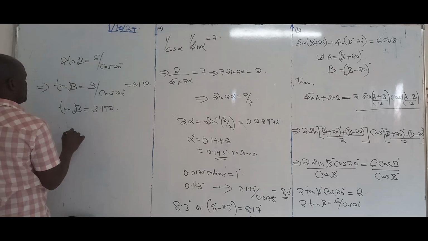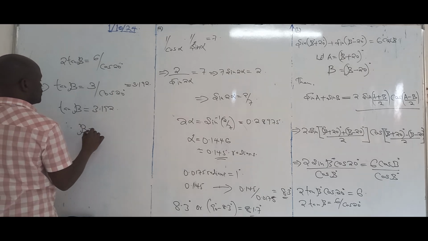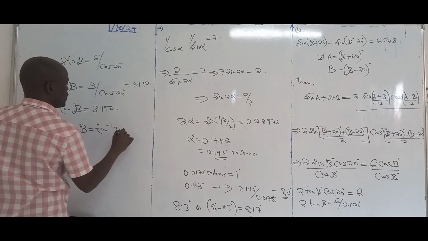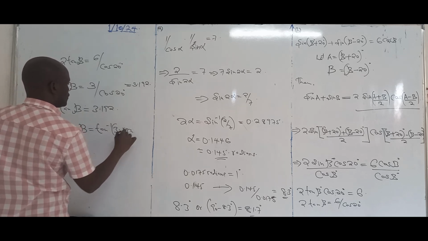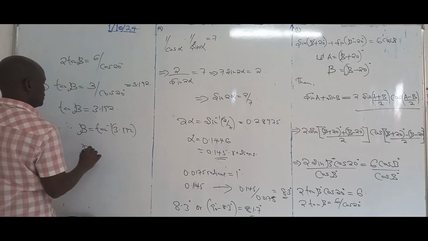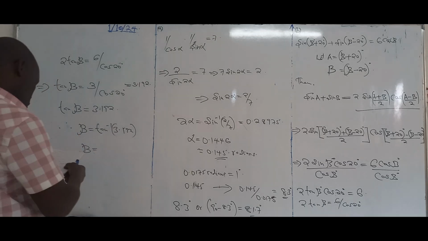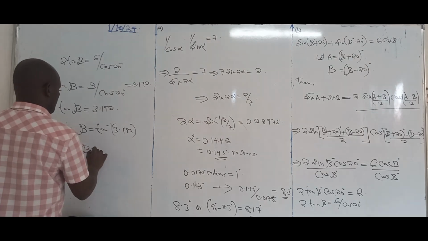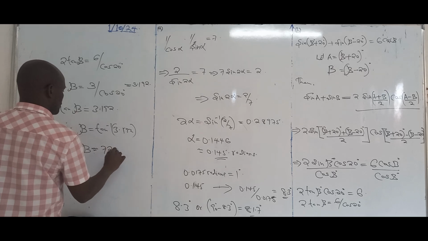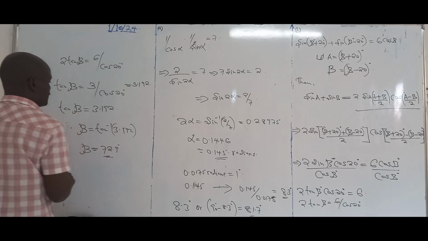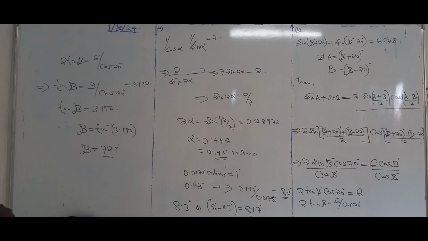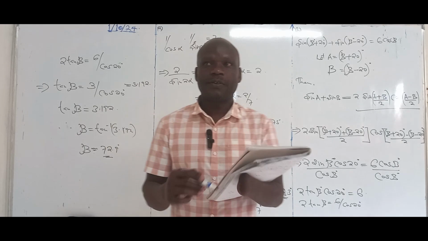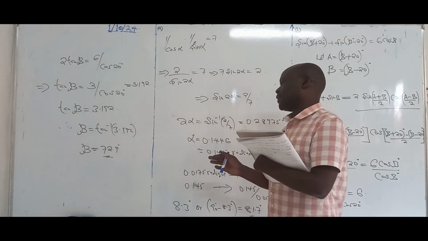That should then mean that beta is equal to tan inverse of 3.192, which is approximately 72.9 degrees. And that's the answer. We stop at that because we were asked to get it greater than 0 but less than 90 degrees. And so that's our answer.